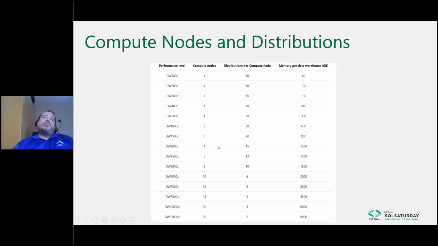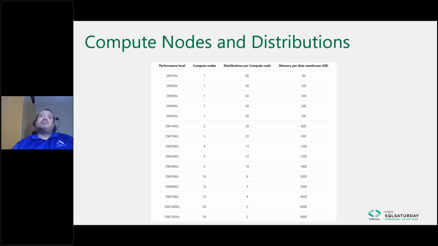But when you go forward, with DW1000 you have 30 distributions per compute node because you have two compute nodes.